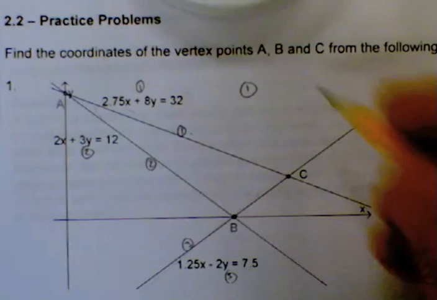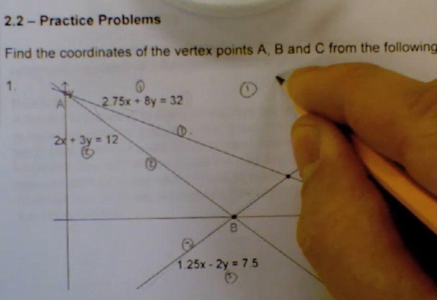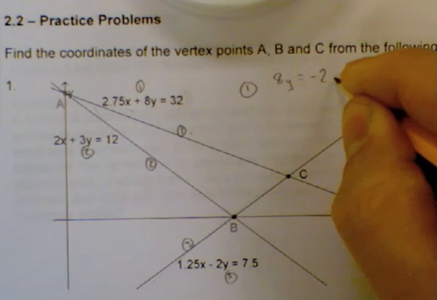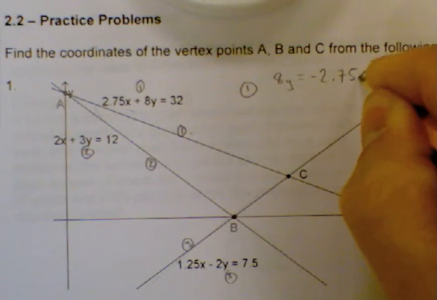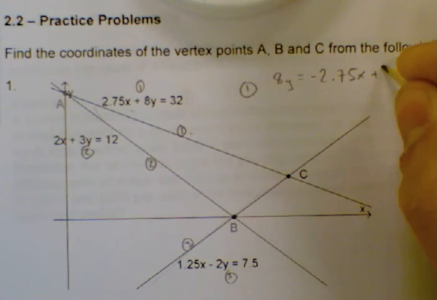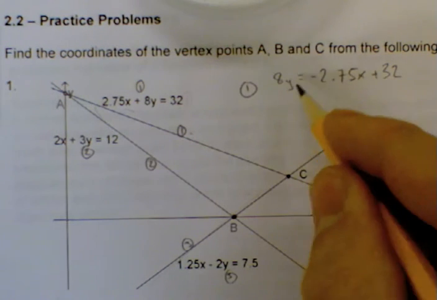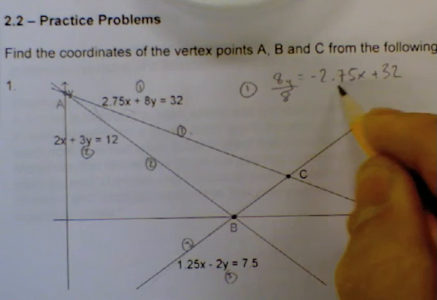To solve for y with that one, I would rewrite it as 8y equals negative 2.75x plus 32. All I've done there is subtract the 2.75x from both sides. Now, of course, just divide by 8.